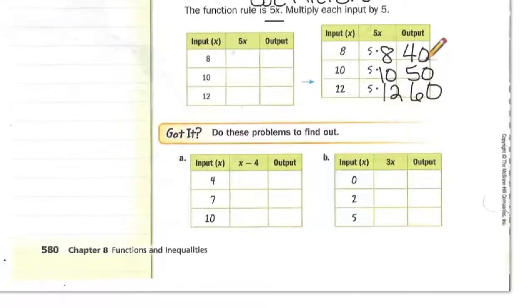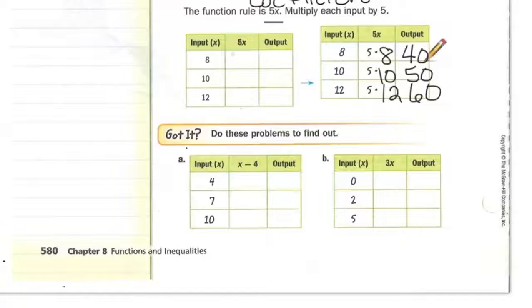So far, pretty easy, right? Why don't you go ahead and try problems A and B on your own, and then we'll check our answers. The inputs are x, the outputs are y. Your rule on this one is x minus 4, and your rule here is 3x.